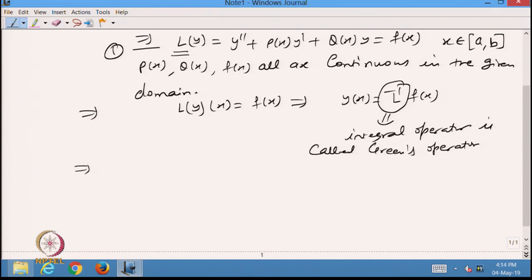Basically, this y(x) will be a particular solution, because we are solving the non-homogeneous equation, and whatever solution comes, that is called the particular solution.